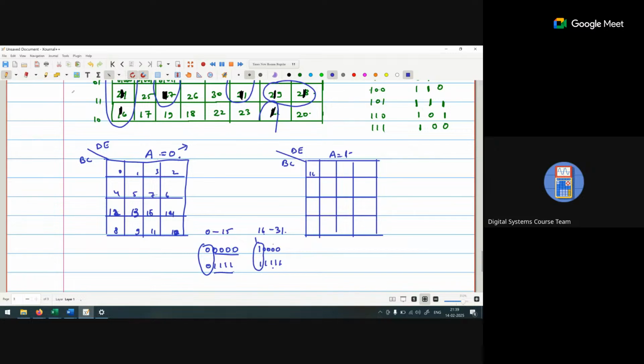Similarly for this one, 16, 17, 19, 18, 20, 21, 23, 22, 24, 25, 27, 26, 28, 29, 31, 30. Okay, the value of A is equal to 0 and the value of A is equal to 1.